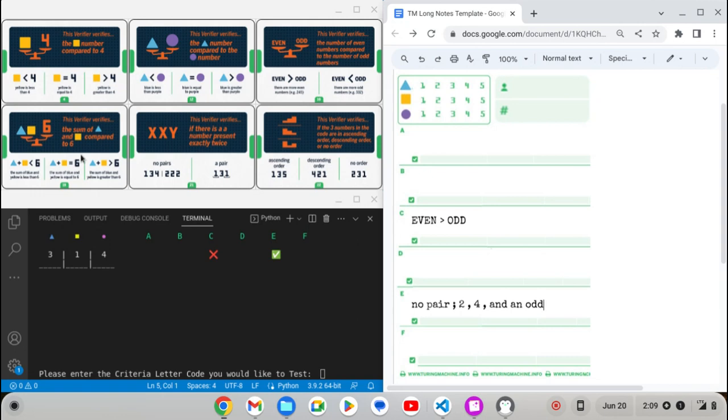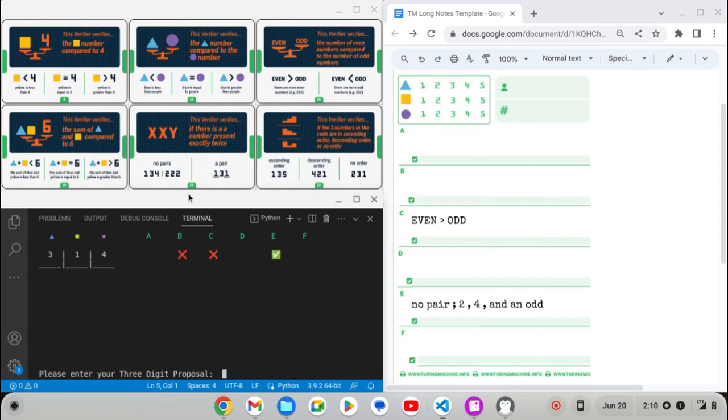Sometimes in puzzles that include this criteria card, it often is equal to 6, and especially since we do have even values, or at least a 2 and a 4, typically it's some order of 2 and 4, but I don't have that yet, and getting an X doesn't really confirm it. So I think I'm going to test criteria card B to get a little bit of a handle on the order of triangle and circle. So let me go ahead and test B.